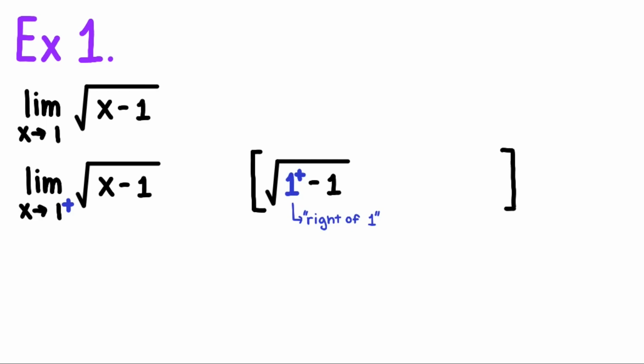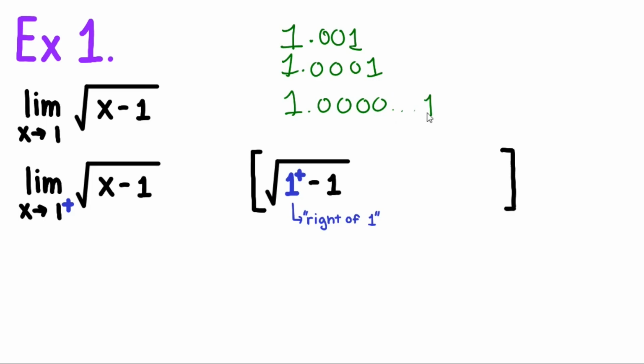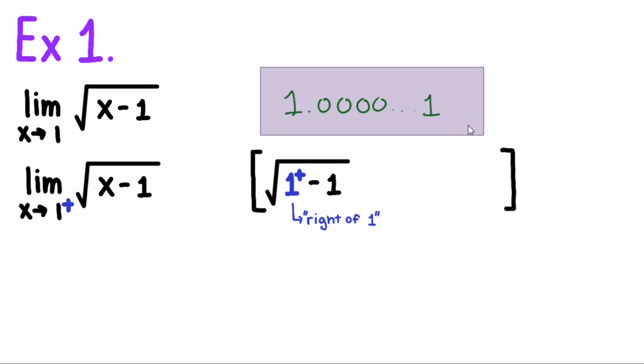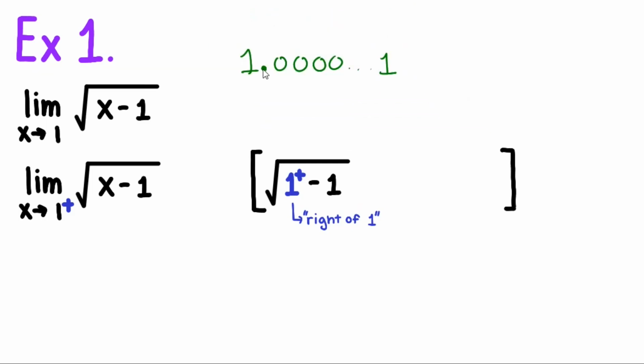So when we deal with values greater than 1, these are values such as 1.001, 1.0001, and so on, no matter how many zeros, that are close to 1. So given this, what happens when we subtract this by 1?